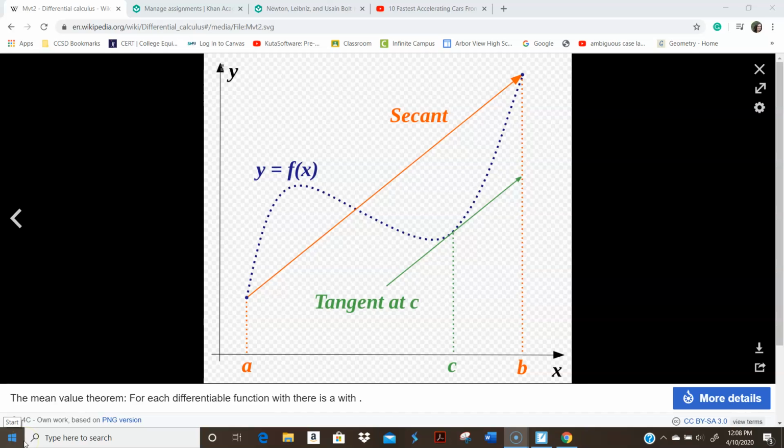So what I want you to do is look at this picture, and I want you to look at the orange line, which is the secant line. In order to find the slope of a line, we need 2 points. Do you see how I'm starting with this orange line?